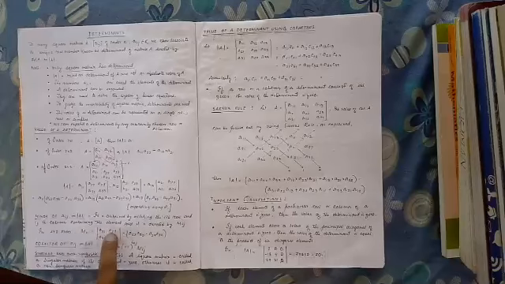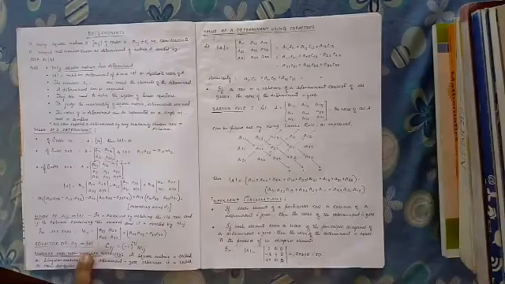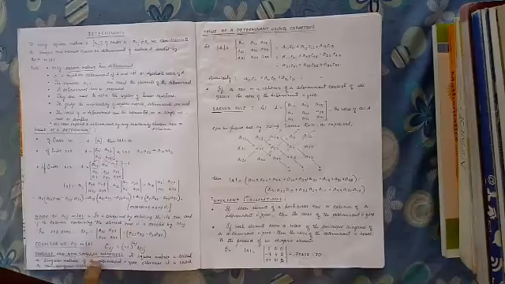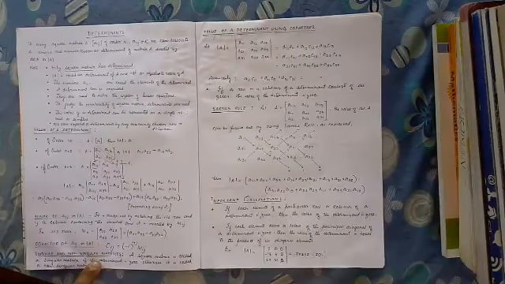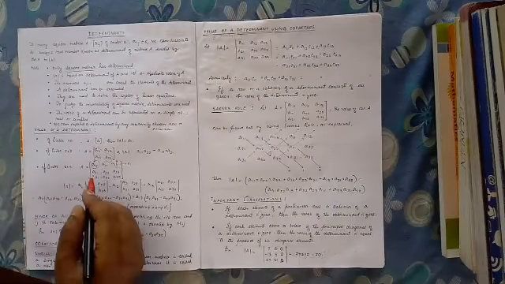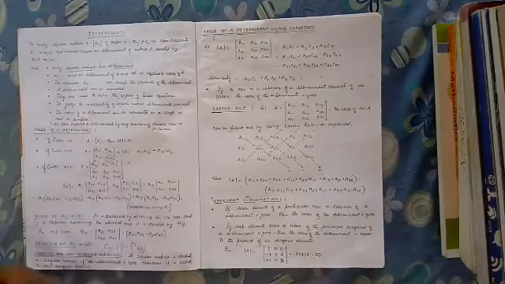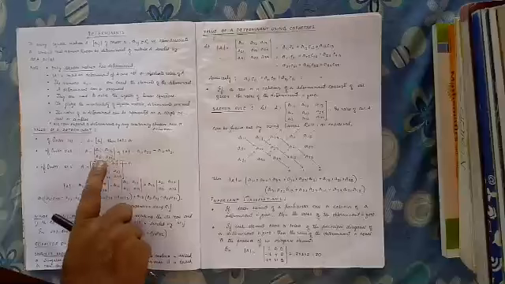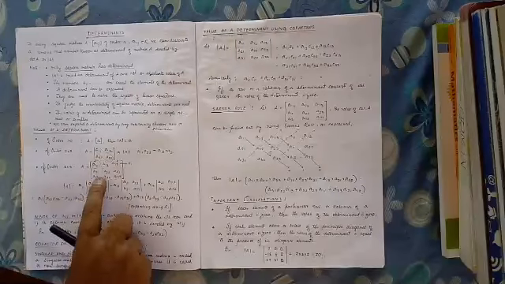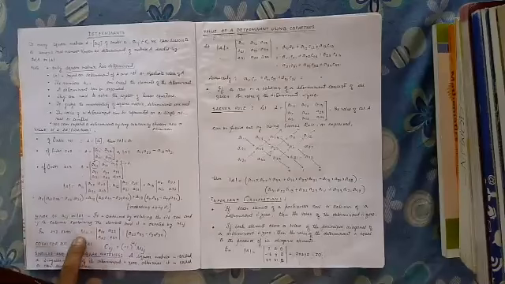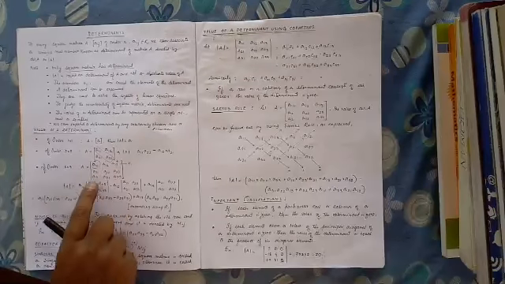Now minors and cofactors of a determinant. Minor of an element of a determinant is obtained by deleting the row and the column to which the element belongs. Suppose we want the minor of this element. So how to get it? Delete this row, delete this column. So we have this sub-determinant. This sub-determinant is the minor of a11.